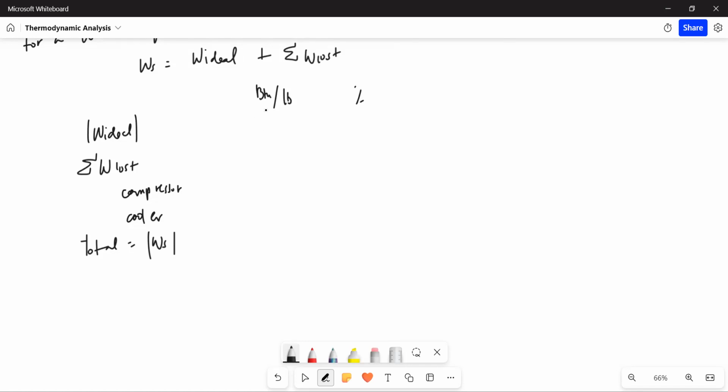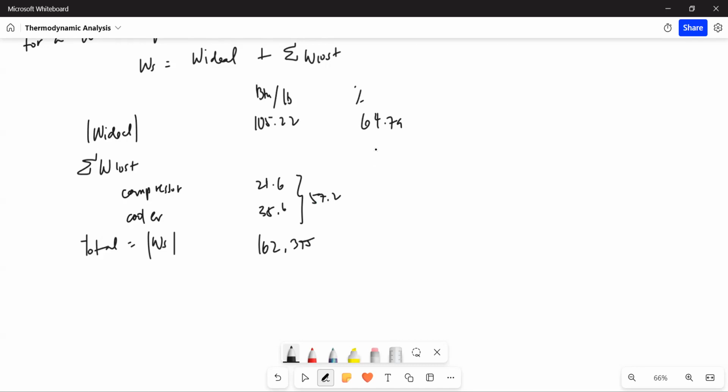So the work ideal that we computed is 105.22. For the compressor, it's 21.6 and 35.6. The sum of the work lost is 57.2. Work shaft is 162.375.